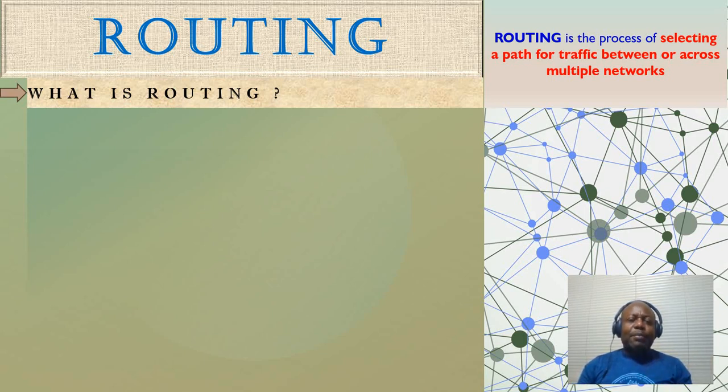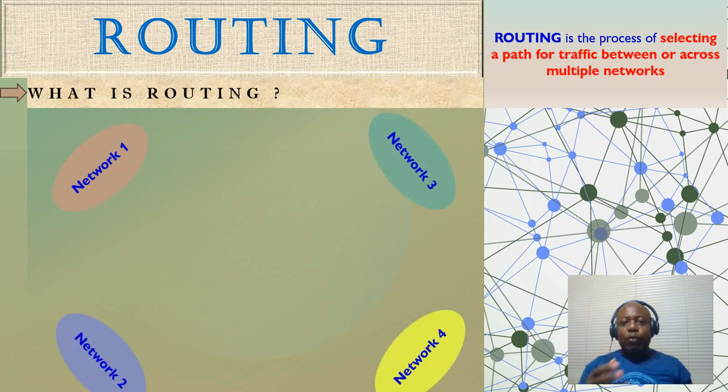Let us take an example. Suppose we have four networks, right? Network 1, network 2, network 3, and network 4. And this is like cities. So we're going to have our neighborhood. So we're going to have to create a mechanism that can permit devices, for example, in network 2 to go to network 3 because they will not jump.